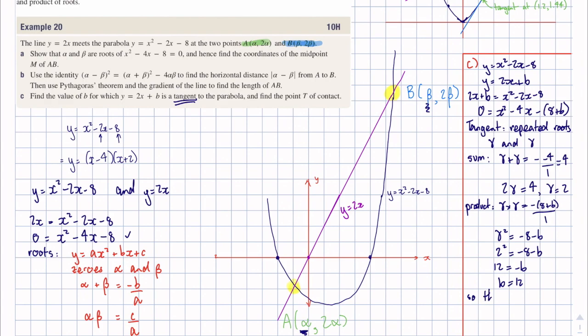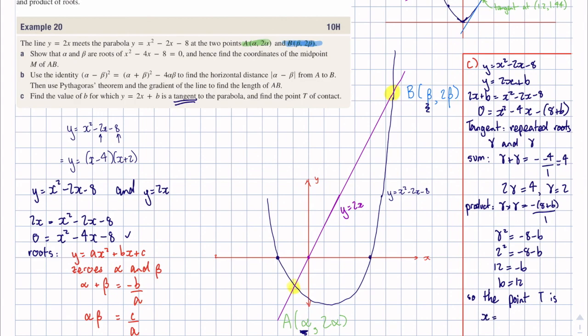So the point T is, so we know, oh yeah, the root is the x coordinate of it.